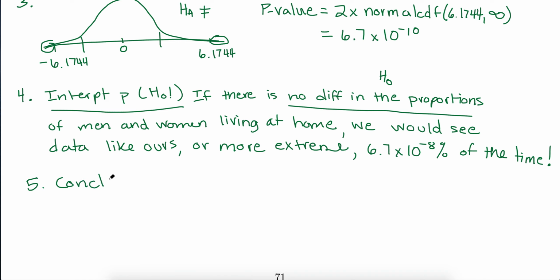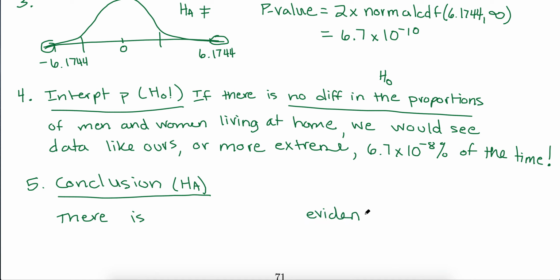And remember, our conclusion always goes back full circle, should be in terms of our research question, HA. We're going to say how much evidence we have for that. So in this particular case, I'm going to say there is, and I'm going to just leave a blank here for a minute, and we'll go back and think about it, but we're saying how much evidence we have for HA, so we have some kind of evidence for HA.